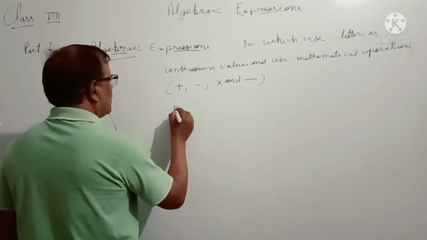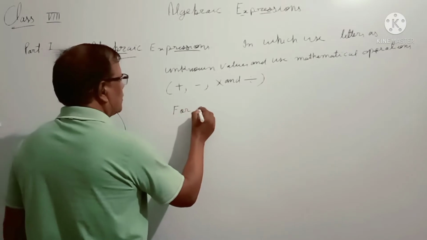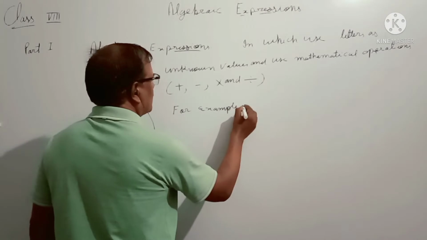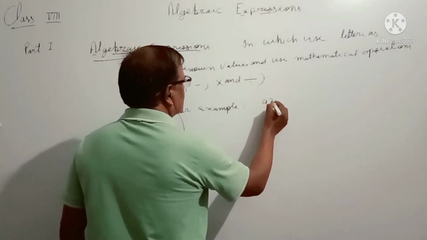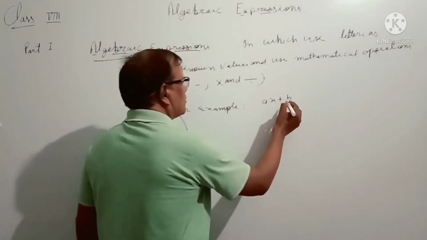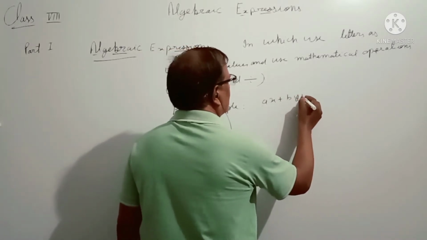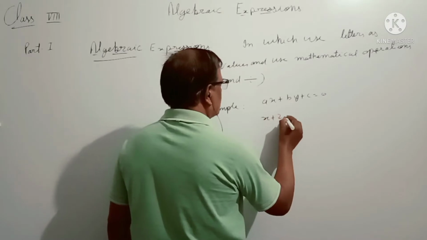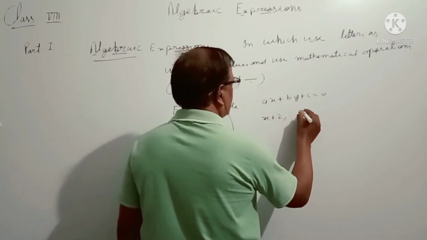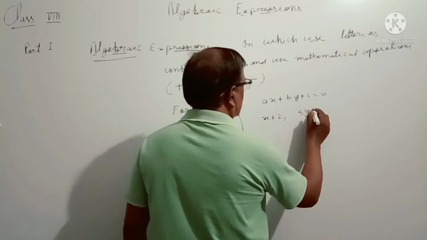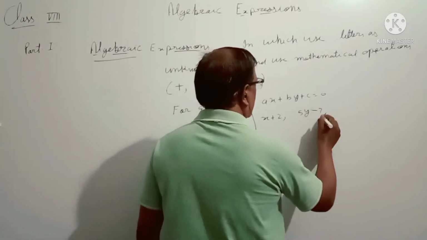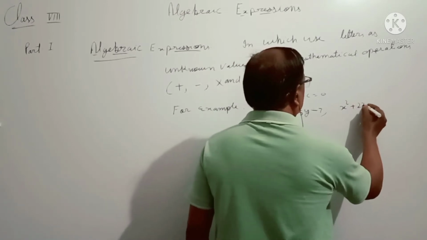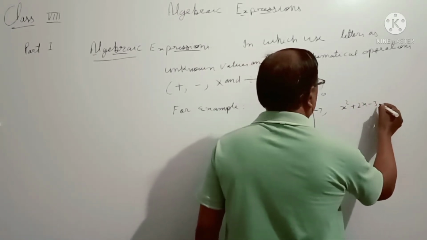For example, we write here ax plus by plus c equal to 0, or x plus 5y minus 7, or x square plus 2x minus 3.